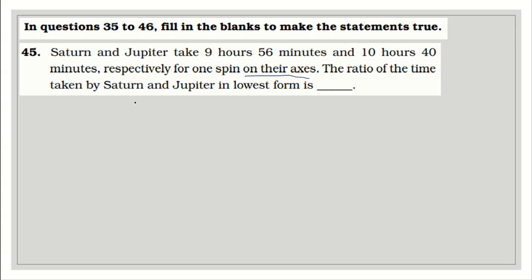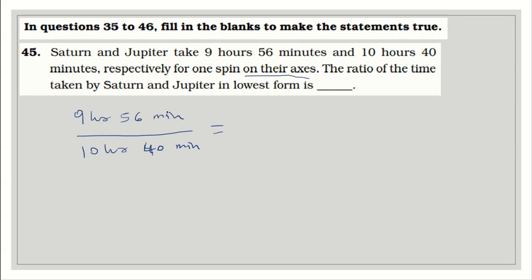Find the ratio of the time taken by Saturn to Jupiter in lowest form. Now 9 hours 56 minutes is the time taken by Saturn, is to 10 hours 40 minutes, the time taken by Jupiter to spin around their axis.